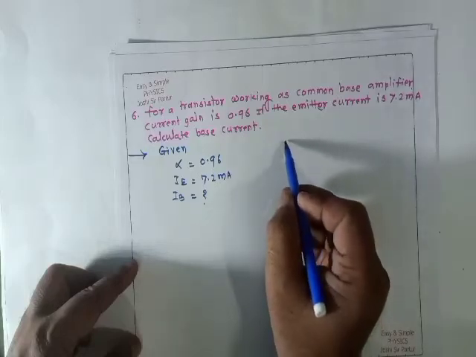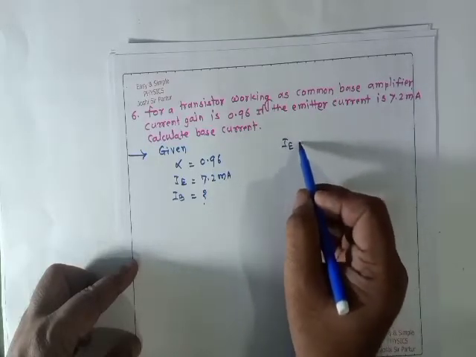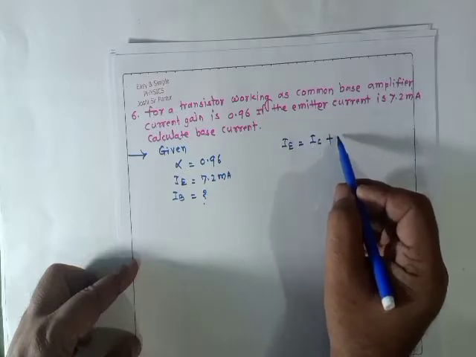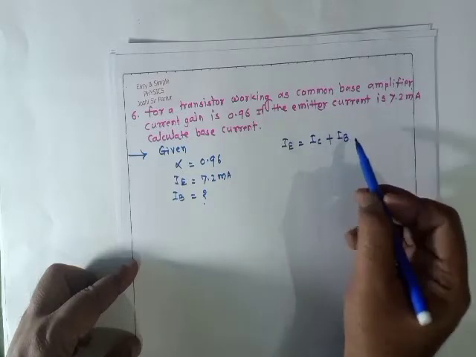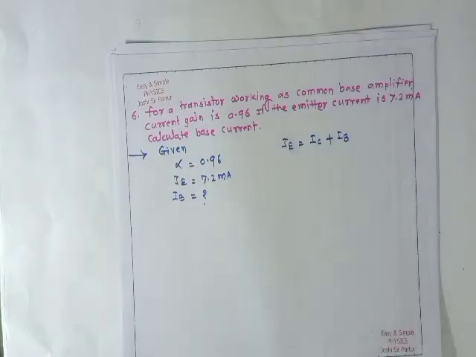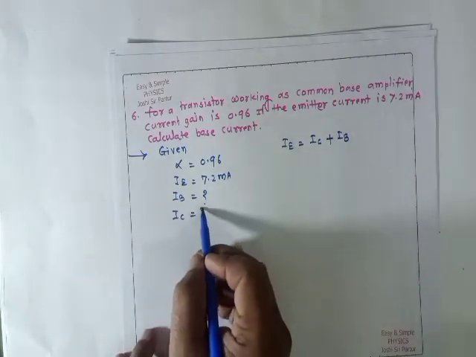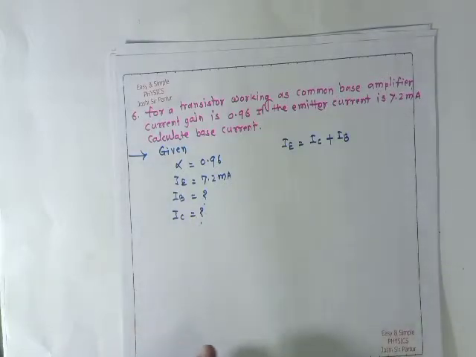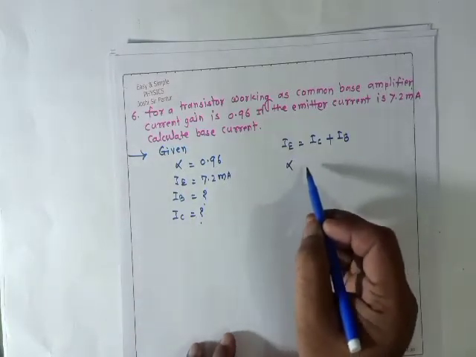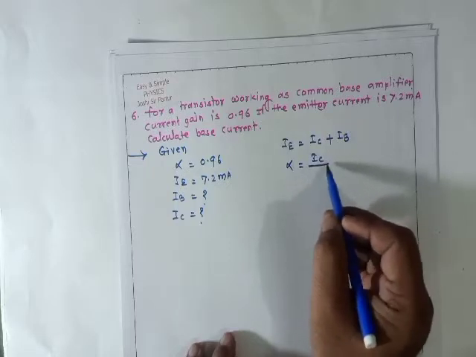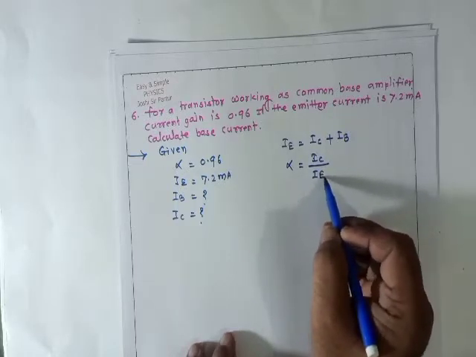First of all, we know that emitter current is equal to collector current plus base current. So first we want to find out IC, means collector current, and here current gain is the ratio of collector current to emitter current.